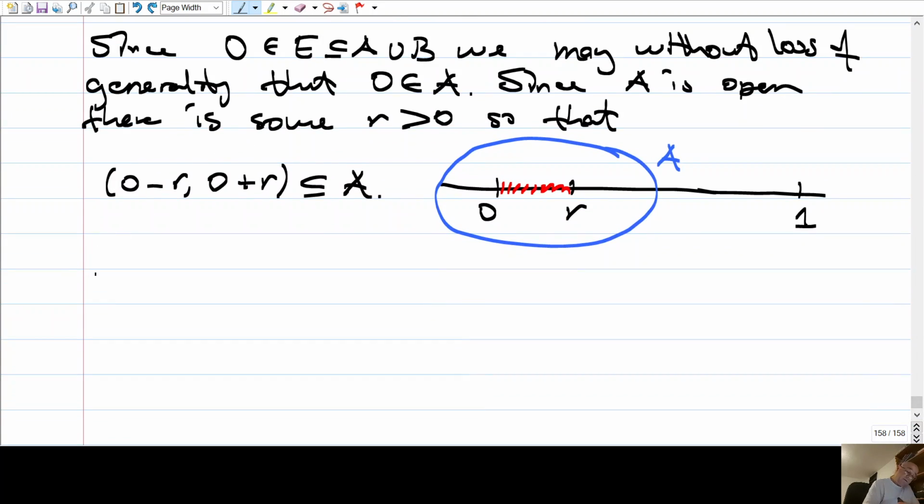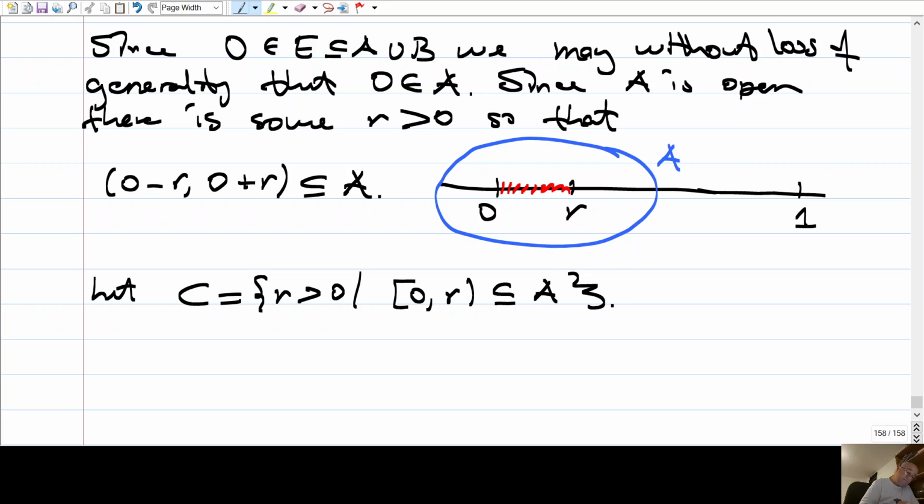Well, let C be this subset: the set of all positive numbers R so that the interval [0, R] lies inside A. Well, certainly this set is not empty because it contains this R. Let me say this is R0.